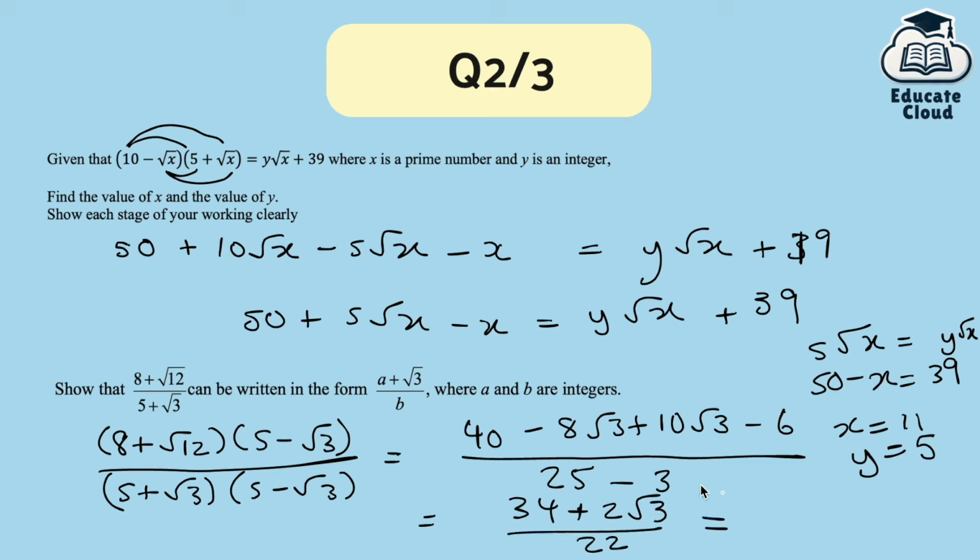And you can simplify that to write it in the form they want, which is to divide everything by 2. So it's going to be 17 plus root 3 over 11. So your A is 17 and your B is 11.